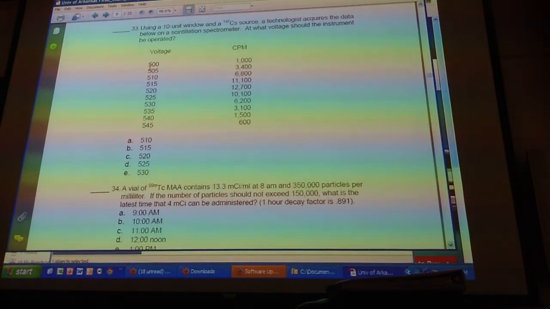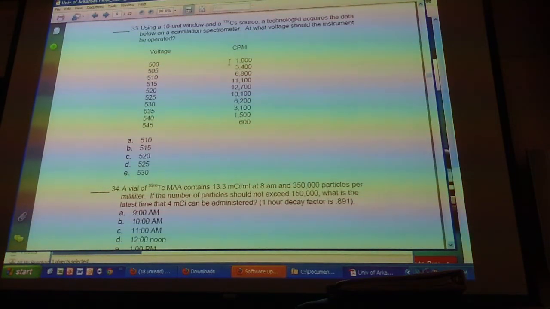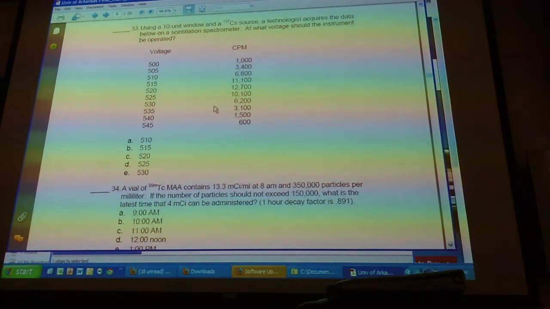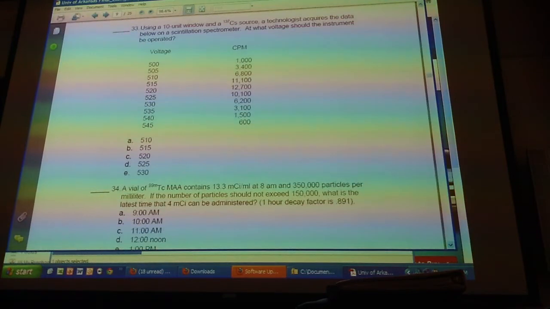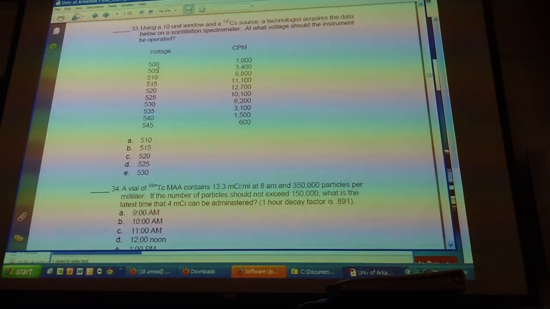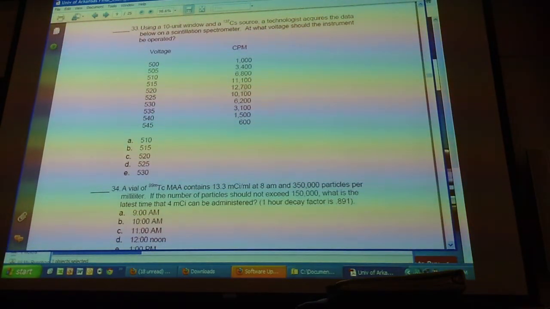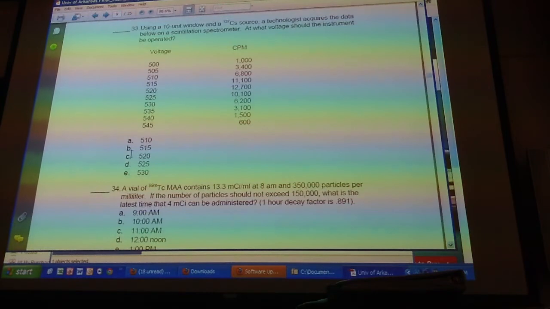As you're adjusting the voltage, you see that the counts get higher and higher, then after a certain point they start going down again. So your idea is to adjust it to where you get the voltage that gives you the maximum number of counts. That's why the answer here is 520.